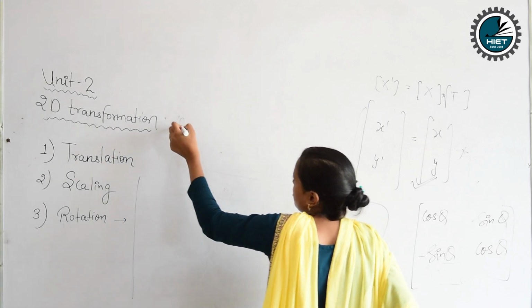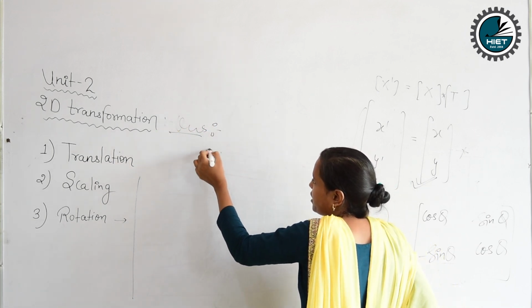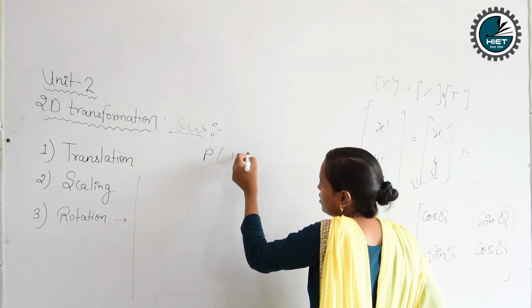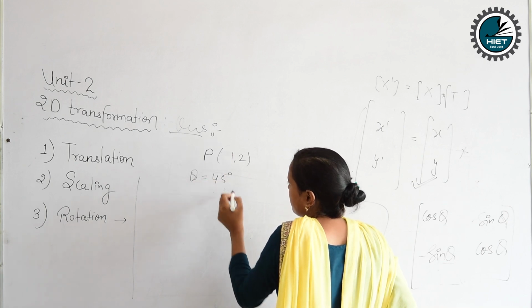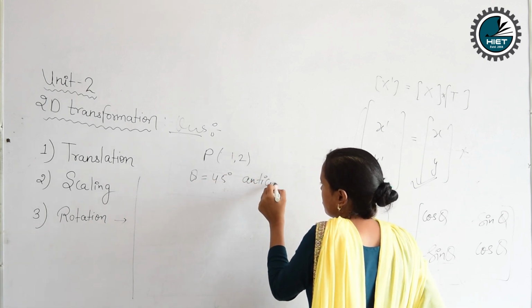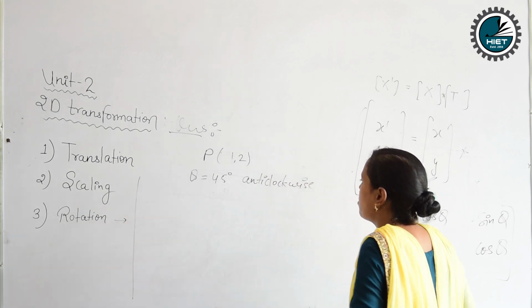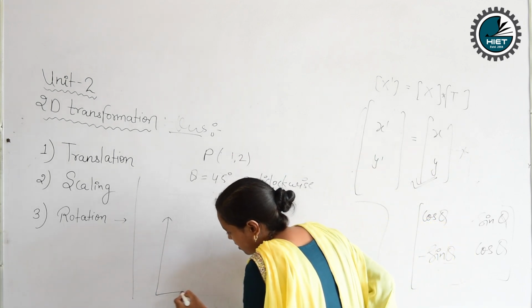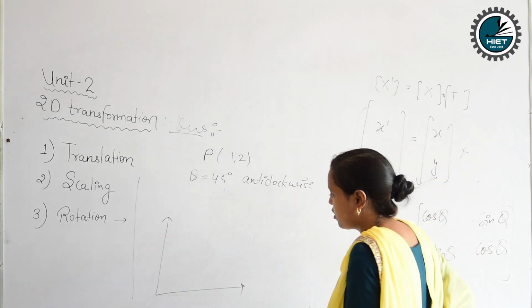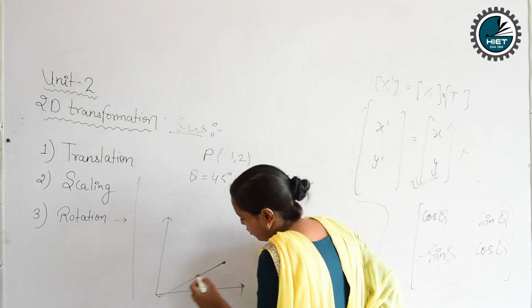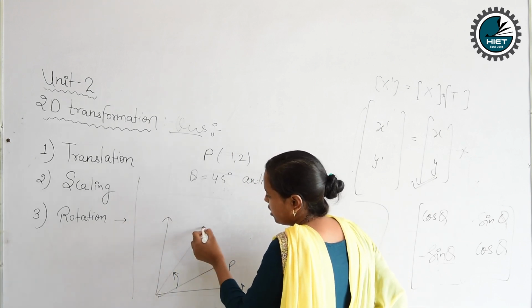After that, we take a question. We have a point P with coordinates 1 comma 2, and the rotation theta is 45 degrees anti-clockwise. We use the anti-clockwise rotation equation because, as I discussed, this is the point P and we are rotating it anti-clockwise.